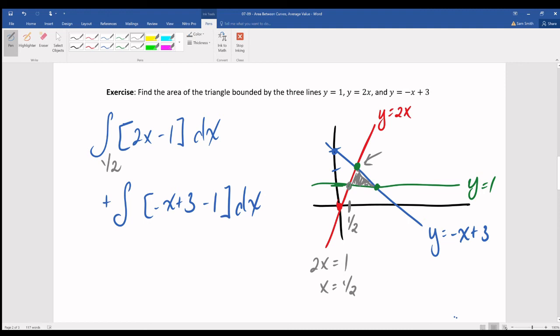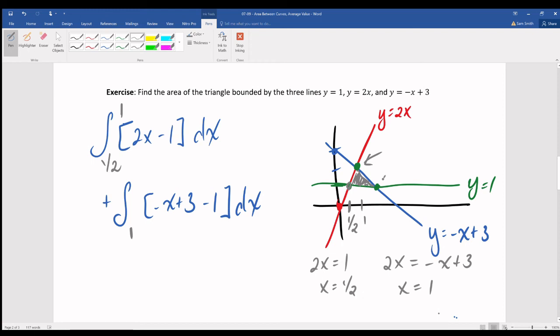So to reflect that intersection, I'll set 2x equal to negative x plus 3, and this has the solution x equals 1. So this transitional point occurs at x equals 1. That is where the first half of the triangle left off and where the second half of the triangle begins.